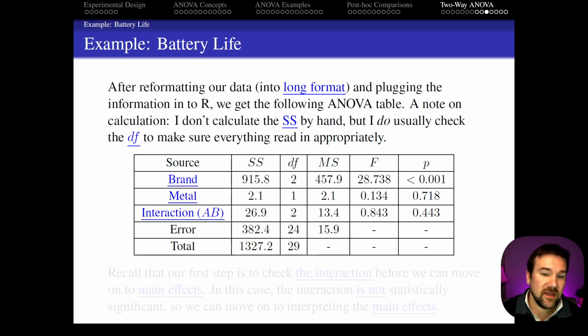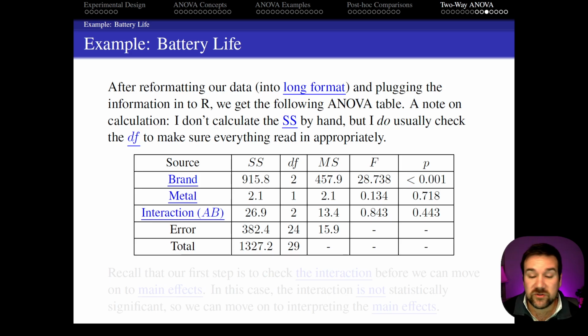And again, I'm not calculating the sum of squares or anything like that by hand, though I will mention for the individual main effects, that is the brand and metal, not the interaction, for the main effects of my two factors, I do usually check the degrees of freedom, because remember, it's the number of groups minus 1. So I expect the degrees of freedom for brand, there were 3 brands minus 1, the degrees of freedom should be 2 in that first row, and I see that that's true.